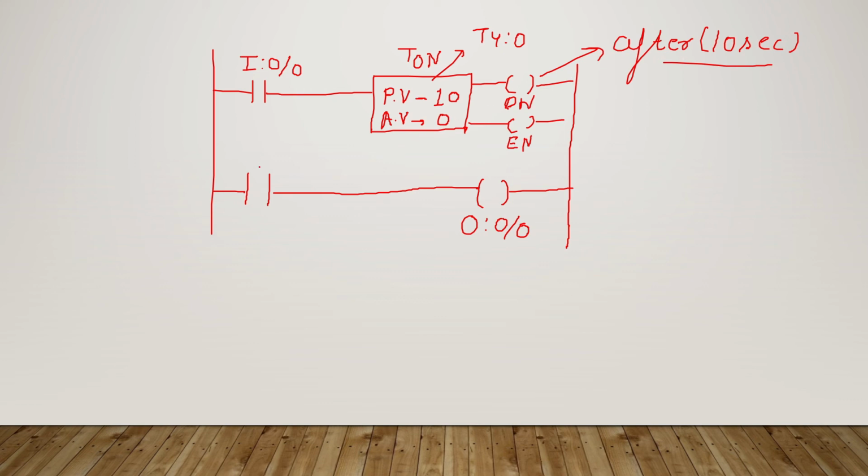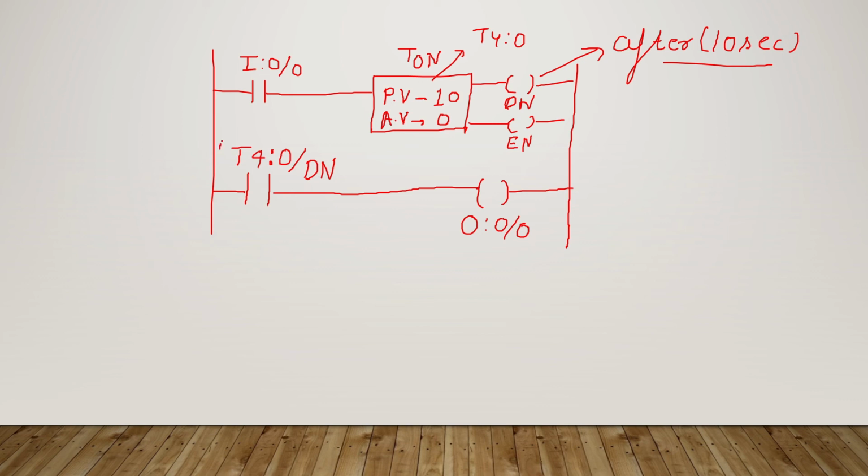So we can give the address of the done bit to this normally open button. Because your bit turns on after 10 seconds and after 10 seconds you want to get the output, we can give the address of this done bit here. So this is the way we give the address.